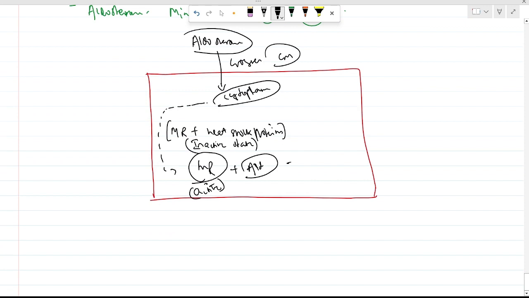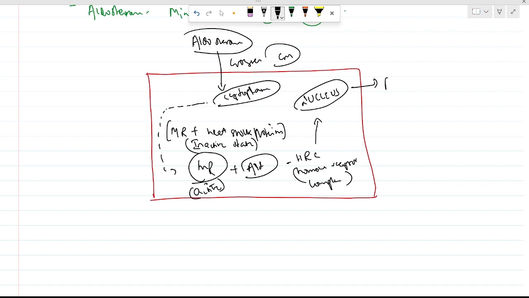This forms a hormone receptor complex, the HRC, which then goes to the nucleus for further actions. It's simple to understand. I'm going to see it again.